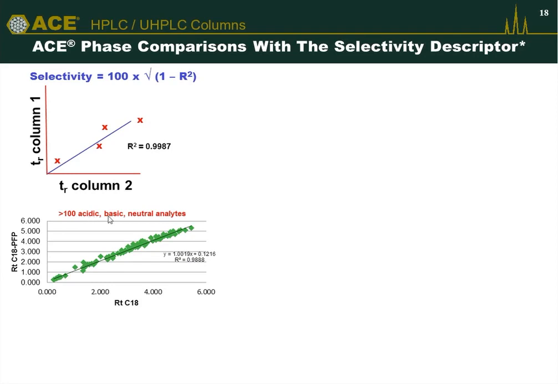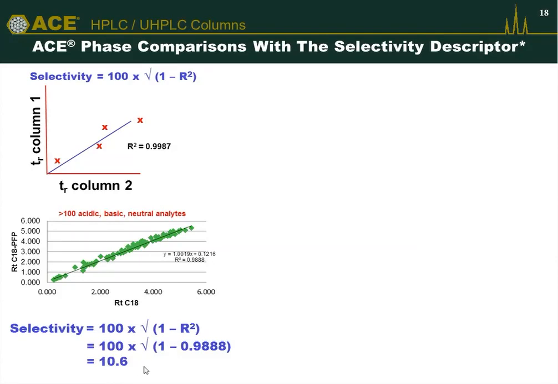It's a mixture of acids, bases, neutrals, different pKa's, different log P's, different shapes and sizes, with a molecular weight up to around 550. When we plotted those data against each other, we got an R squared value of 0.9888. And when you plug that into the equation, it gives you a selectivity value of 10.6. With selectivity terms, we deal with whole numbers, so this is a selectivity value of 11.